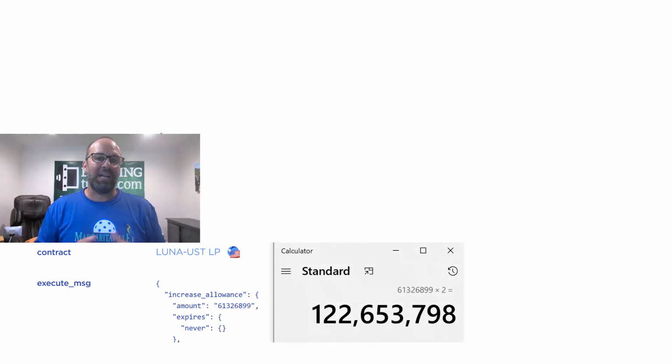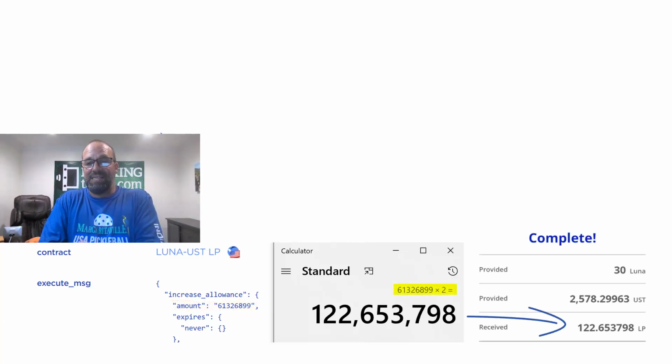So that's the actual balance that increased allowance was providing it to the Luna-HODL on Miaw-Trader. And you can see the 613,26899. If I multiply that by 2, that's actually the exact number of LP tokens that I had when I did that initial deposit transaction or provide transaction of the 30 Luna and the 2578 LP.